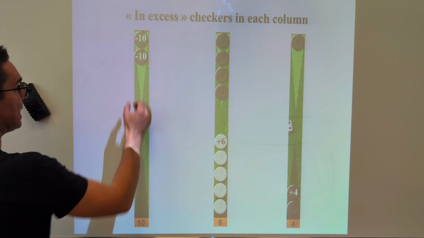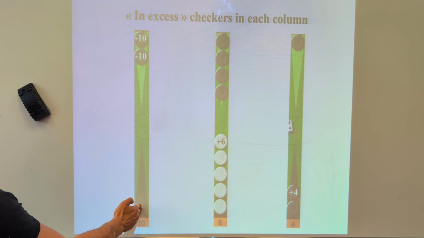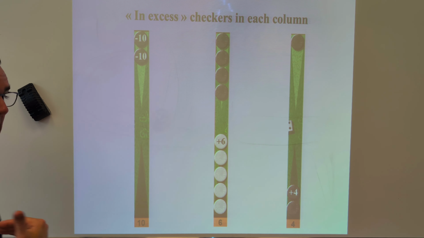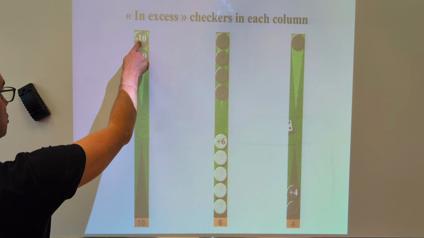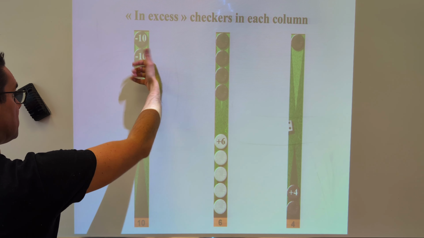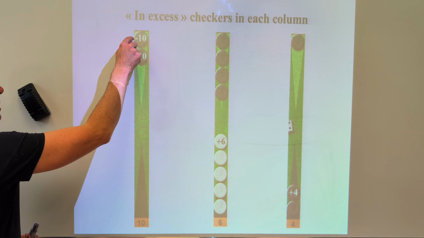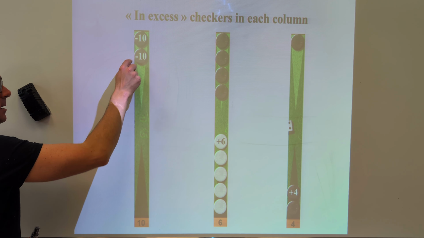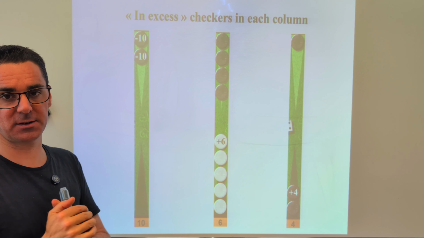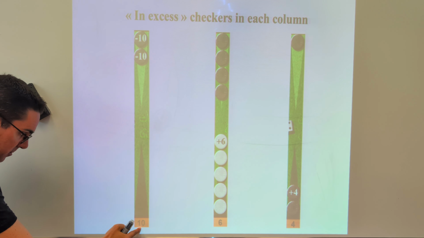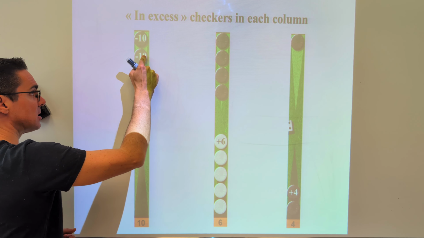For example, if in column number 10 you don't have any of your checkers, meaning the first 15 checkers, and there are 2 checkers on the opponent side, meaning the last 15 checkers, you will put a minus sign on those 2 checkers because they are among the last 15 checkers. And they are on column 10, so you say this checker has number 10 and this checker also has number 10.